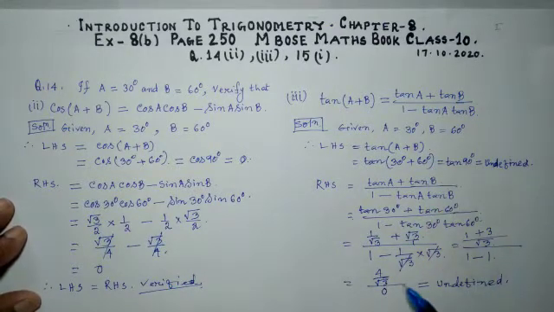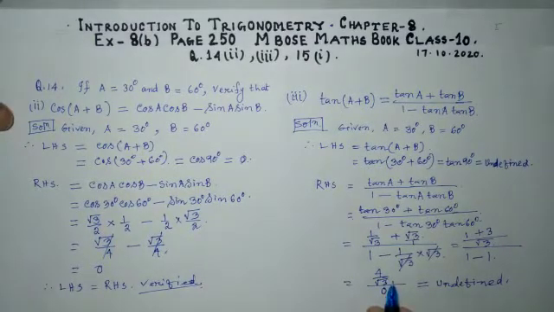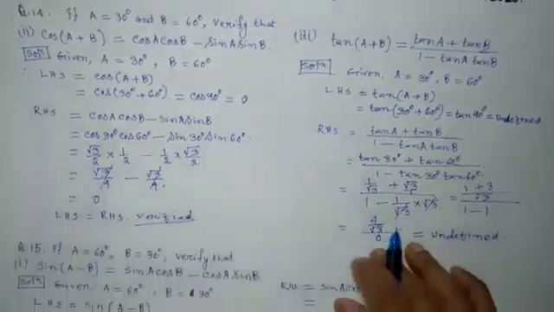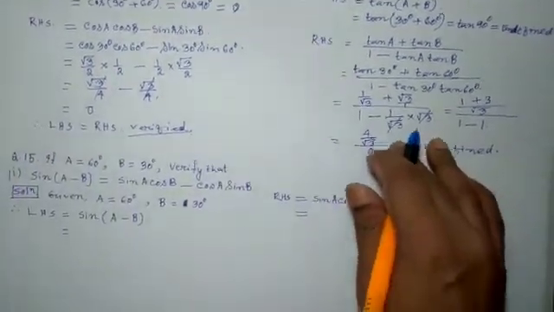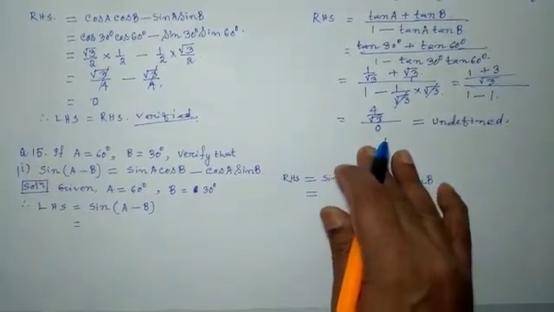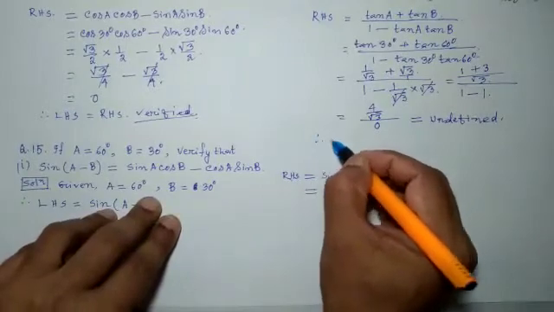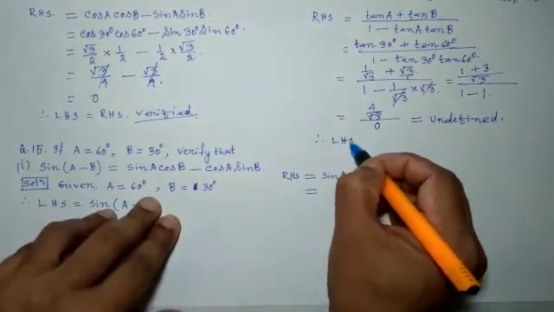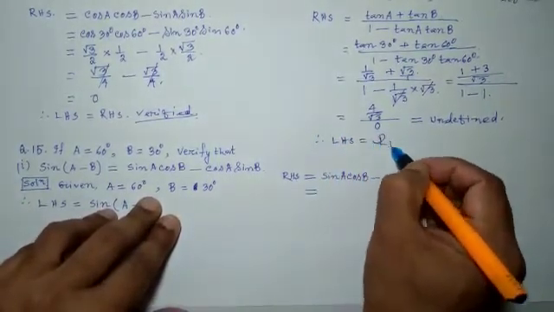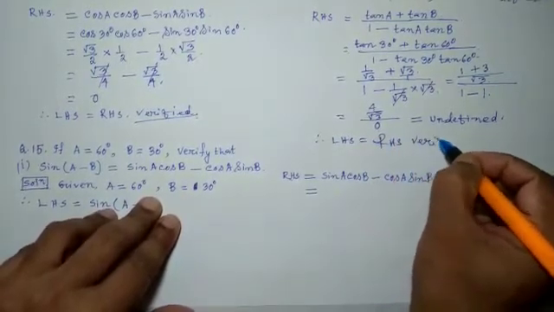So left side is undefined, right side also undefined. So we can write, therefore left hand side is equal to right hand side, verified.